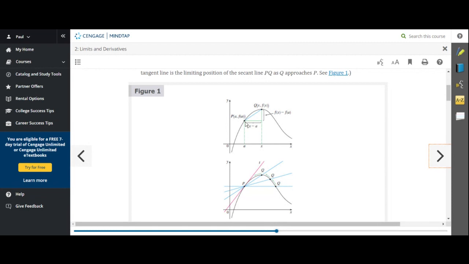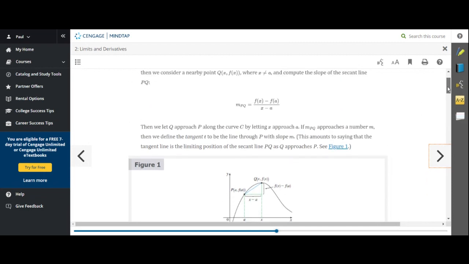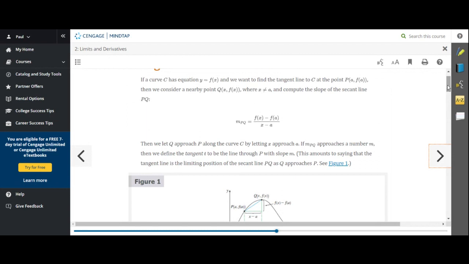The run is the difference in the x values, x minus a. So that's why the slope of the secant line going through the points P, Q is f of x minus f of a over x minus a.